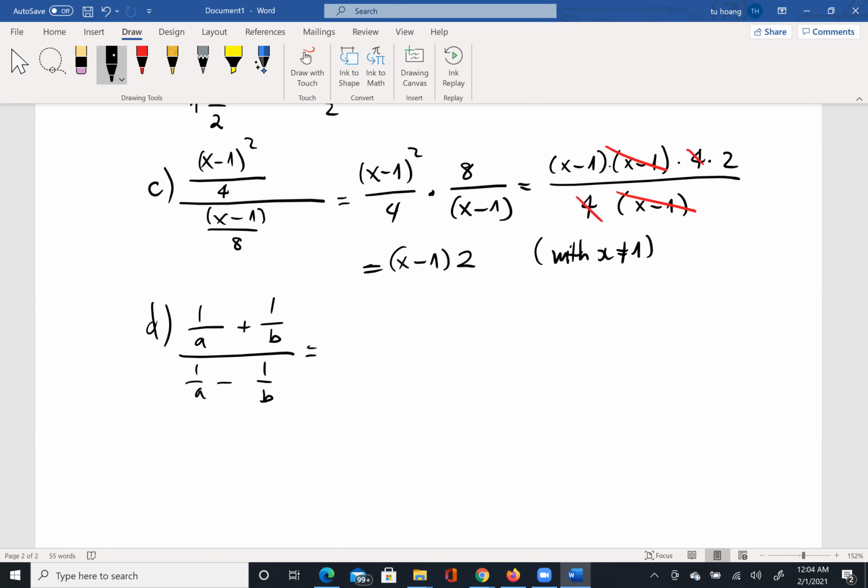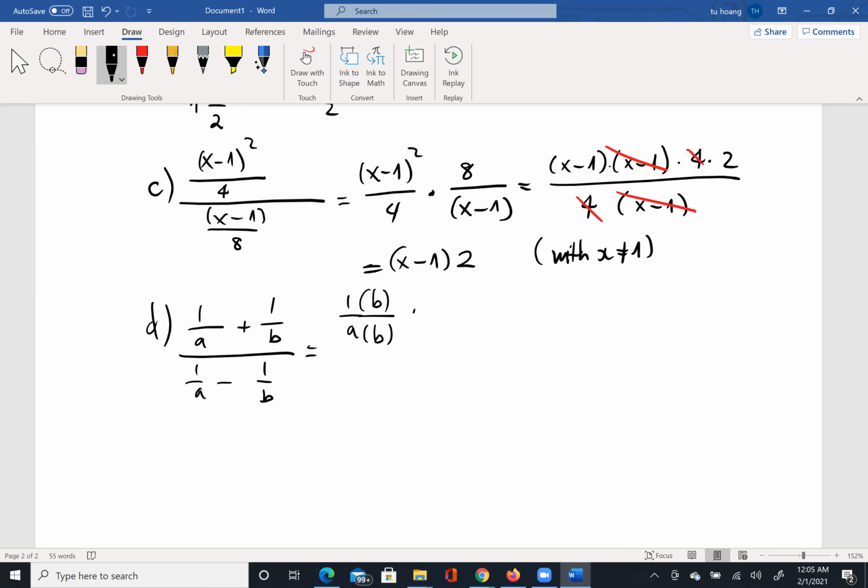So how to combine it? You need to have the LCD of it, so it's a times b. In order to get 1 over a to have the LCD of a times b, ab, you need to multiply by b for both top and bottom. Right.